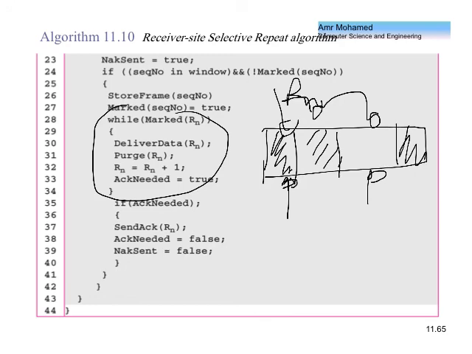That's why we have a flag called acknowledgement needed. I could actually say, while marked Rn, send acknowledgement. But what does this mean? I'm actually acknowledging this frame and this frame and this frame repeatedly. There's no point.